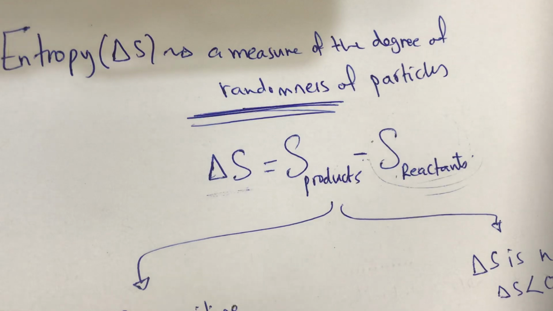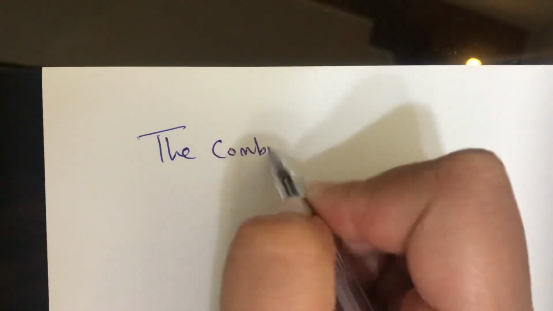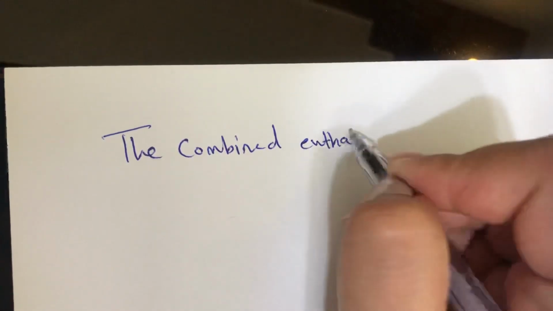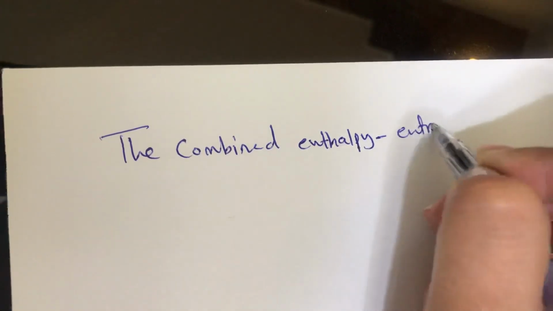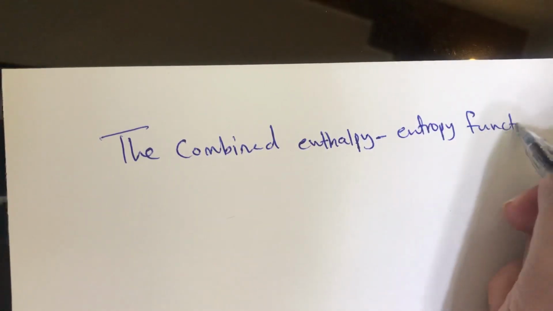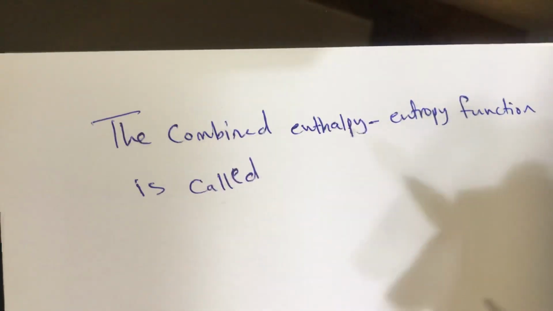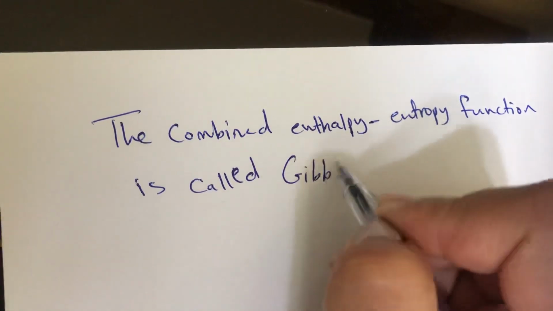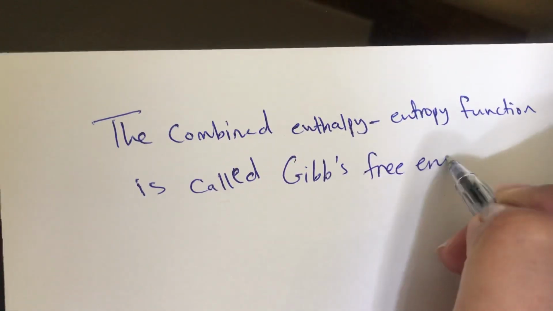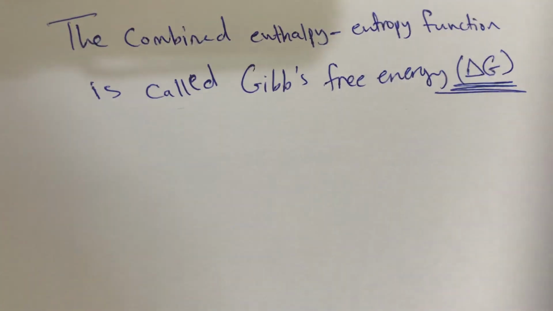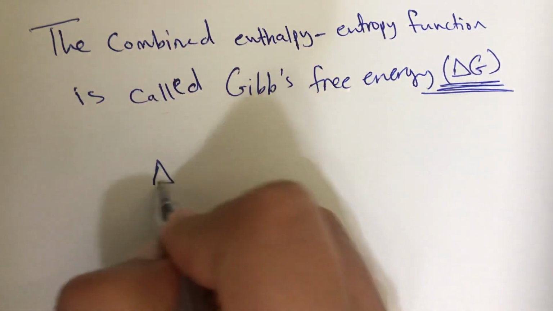So there is a function, a combined enthalpy-entropy function, called Gibbs free energy, delta G. What is the rule for delta G?